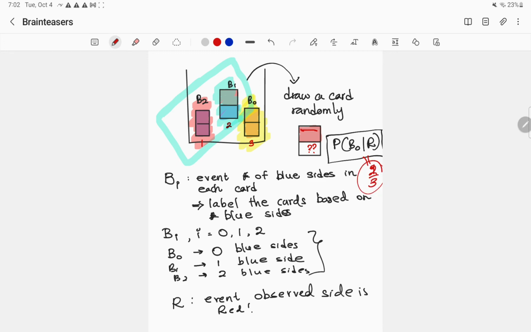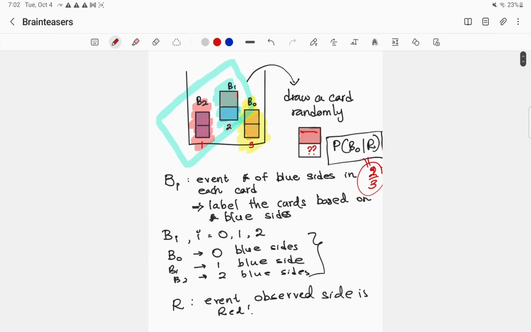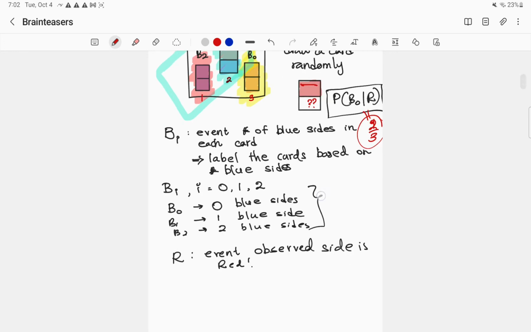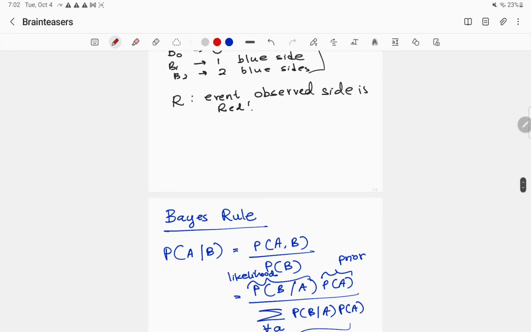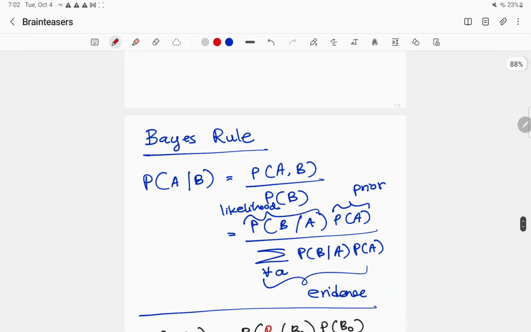Okay, so this is the end of the question. Just to recall, what we tried to do is understand the problem mathematically using notations so that it is easy for us to plug into the Bayes rule. The Bayes rule is the theory we have to use in order to solve these types of questions.